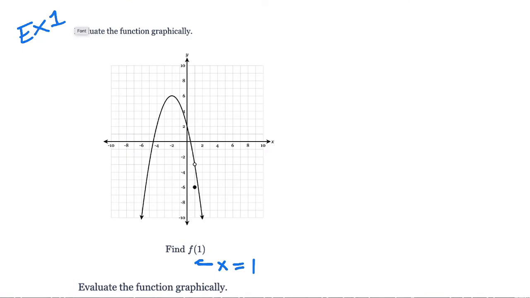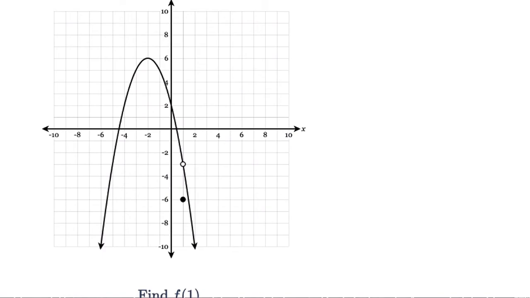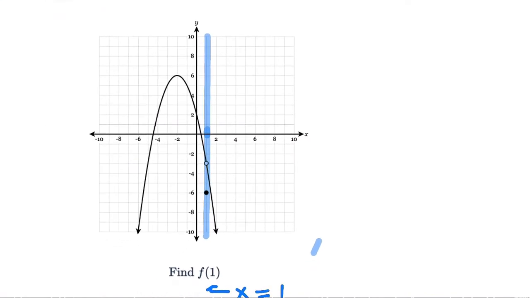If I zoom in here and highlight when x is 1, x is 1 right there. Everywhere on that blue line is when x equals 1. Now we just have to match up what value our graph has when x equals 1. The graph comes in there, and there's a hole right where that parabola is.